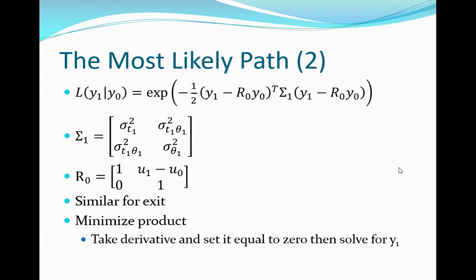Now imagine for this one, this is how far you've traveled through the material. U1 is my depth in the material now, that's at the entry point. In general, this is 0, so I really could just write U1 there.